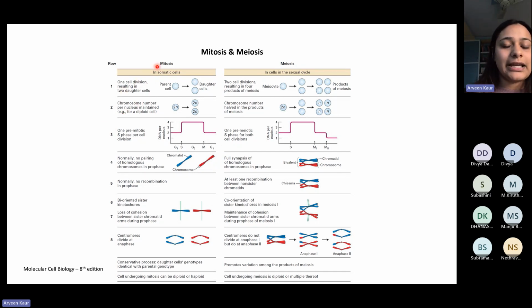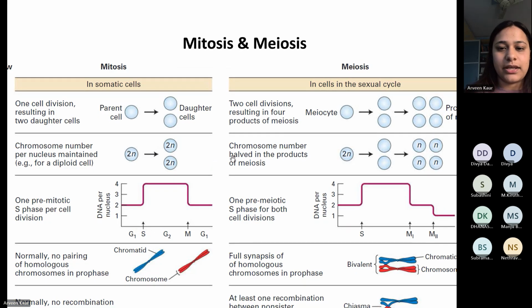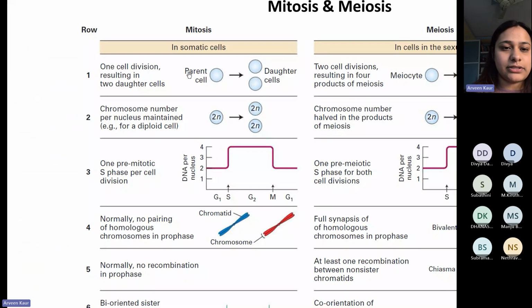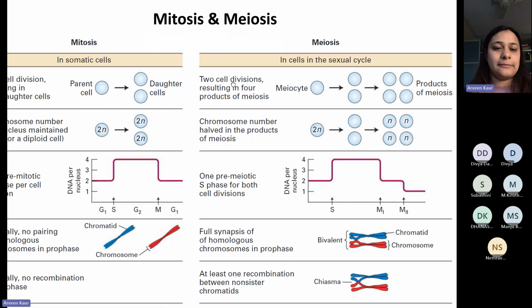So we know that in case of mitosis, let me just enlarge this segment. Yeah, so we know in mitosis, one cell division results in two daughter cells. While in meiosis, there will be two cell divisions that will occur, right? Meiosis 1 and meiosis 2, and the result will be four daughter cells, right?